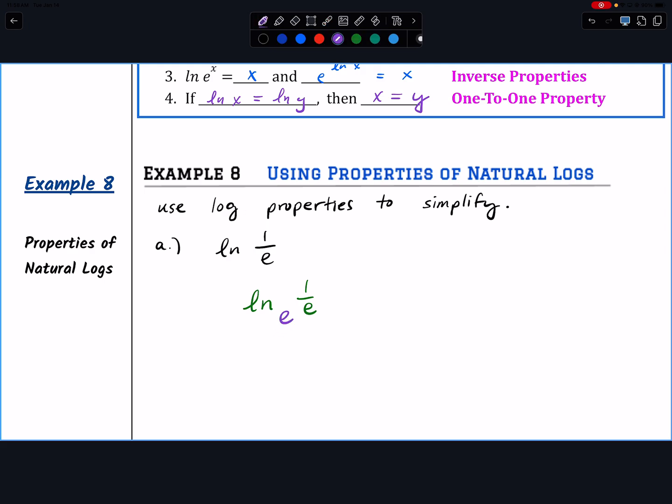One thing I want you guys to remember is we talked about negative exponents in the warm-up, right? So do you guys agree like 1/2 is the same thing as 2 to the negative 1 power? Does that make sense? So 1 over e, therefore, is the same thing as e to the negative 1 power. So remember, the answer to any log question is the exponent that makes this true. So e to what power gives me 1 over e? Negative 1. So this is just negative 1.